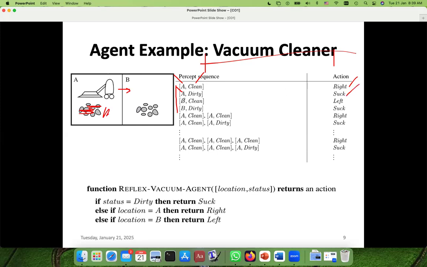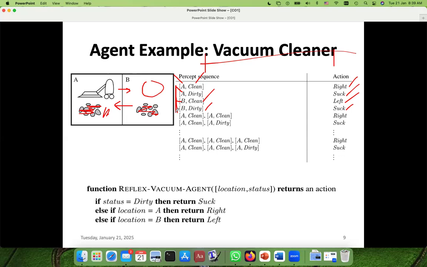If location is B and the status is clean, move towards left. And if location is B and the status is dirty, then sucking. You have to initialize the table with these four entries first.